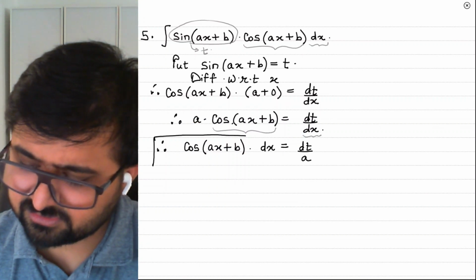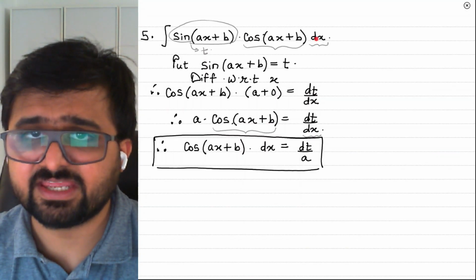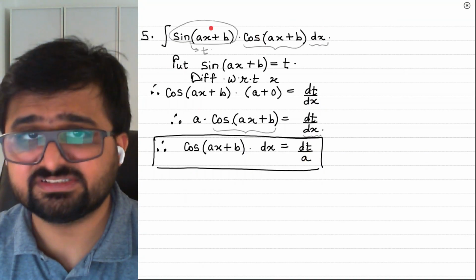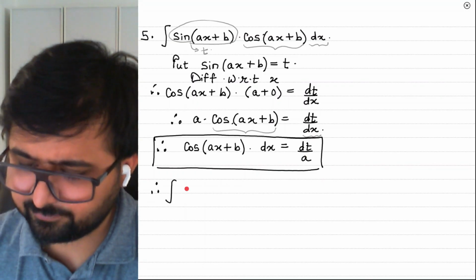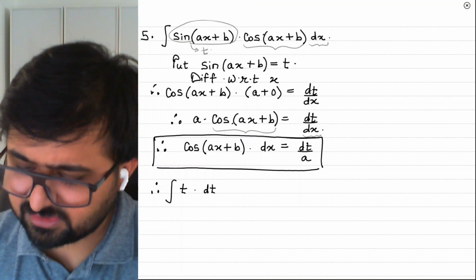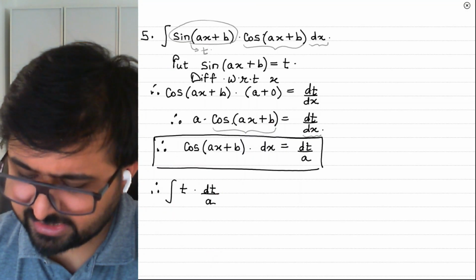So that's the value you found out. So you have cos ax plus b times dx is dt by a. You know this is t. So your integral will become t times dt over a.